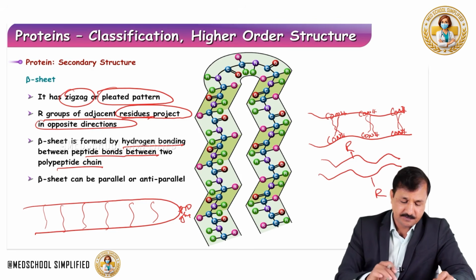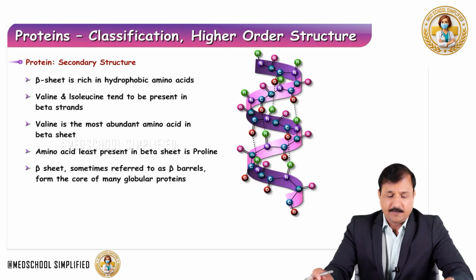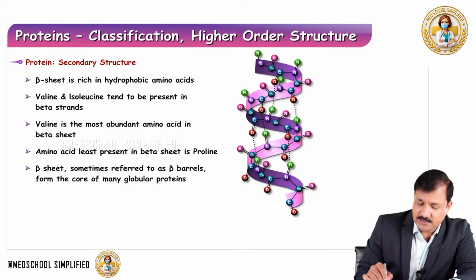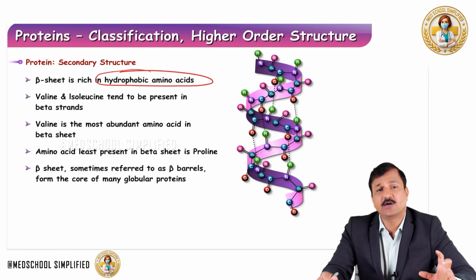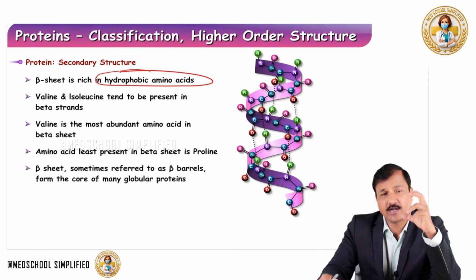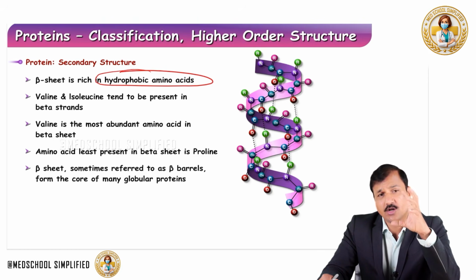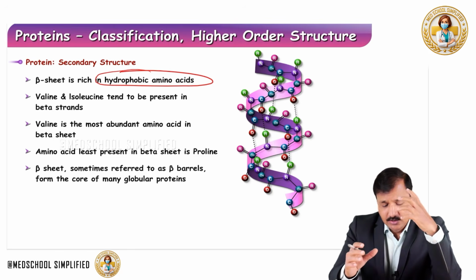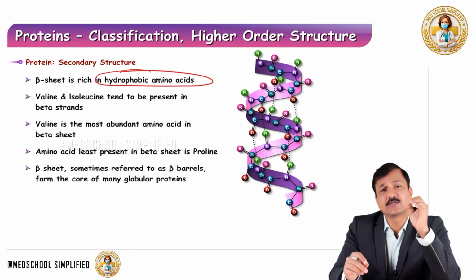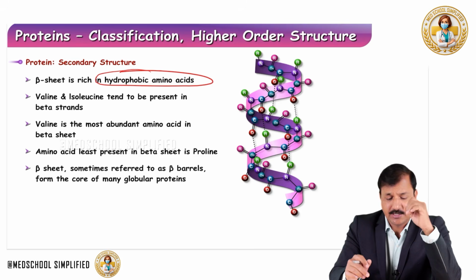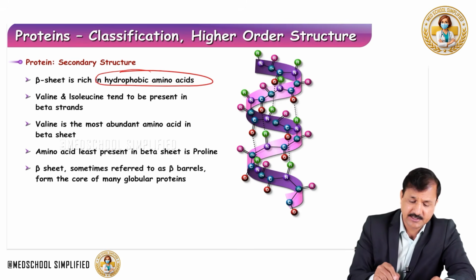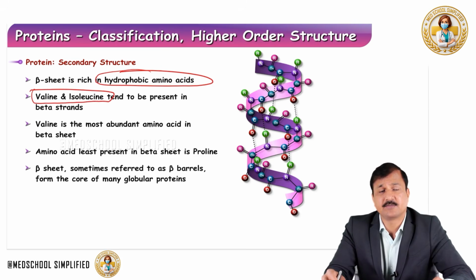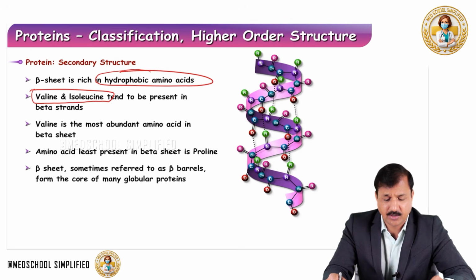Remember that. Now this beta sheet is rich in hydrophobic amino acids. Always remember, whenever a protein has a hydrophobic core or hydrophobic region, usually that hydrophobic region is the beta sheet. So beta sheets are rich in hydrophobic amino acids, and within those hydrophobic amino acids, valine and isoleucine tend to be present in beta sheet. Make sure you remember this point, very important.